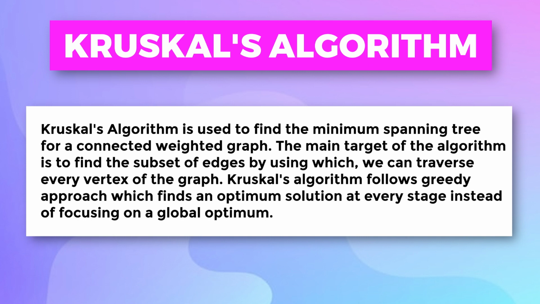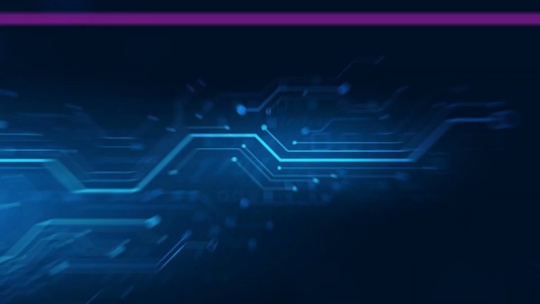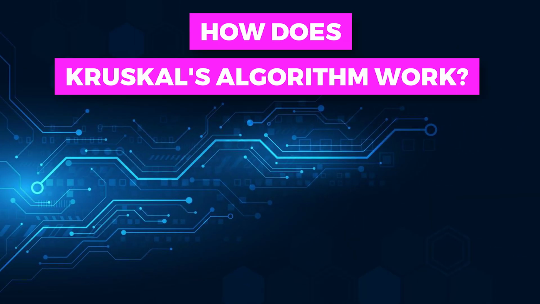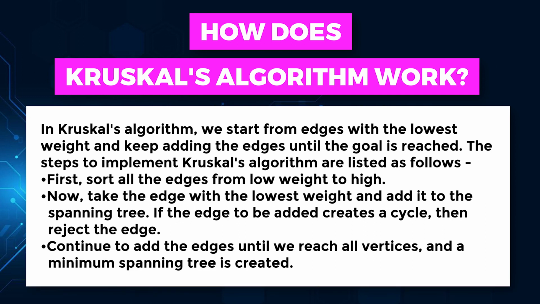Kruskal's algorithm follows a greedy approach which finds an optimum solution at every stage instead of focusing on a global optimum. In Kruskal's algorithm, we start from edges with the lowest weight and keep adding the edges until the goal is reached.